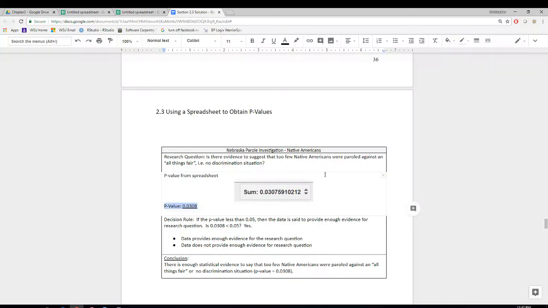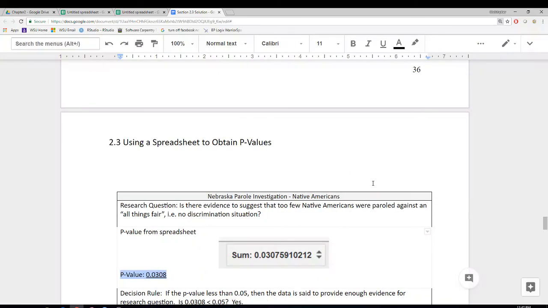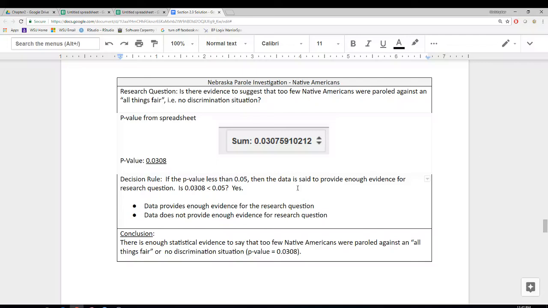So let's go ahead and make this a little bit larger so that we can see that. Zoom in a little bit. Okay, is 0.0308 less than 0.05? It is indeed less than 0.05.